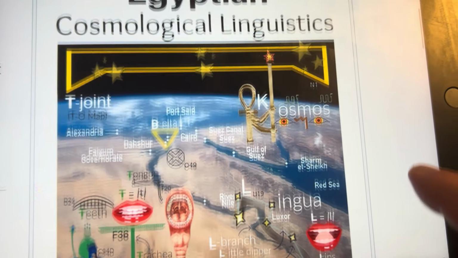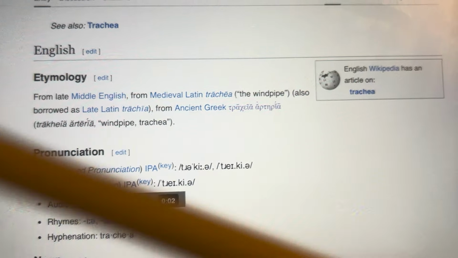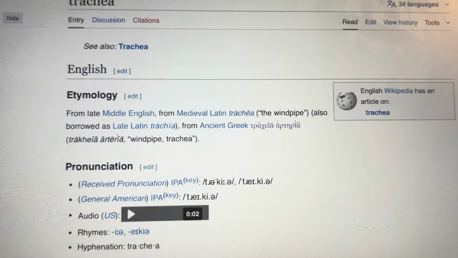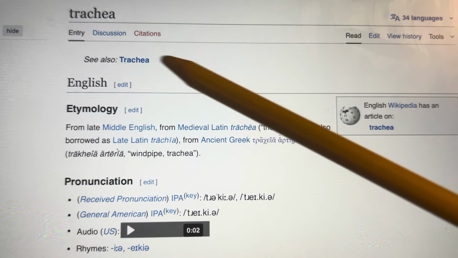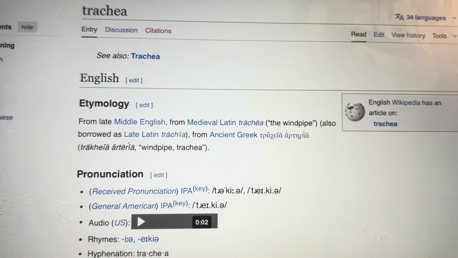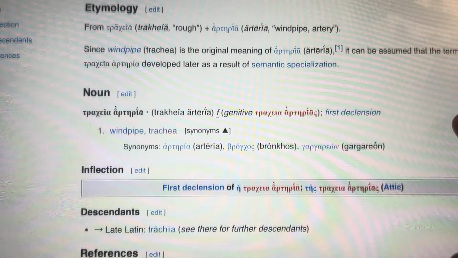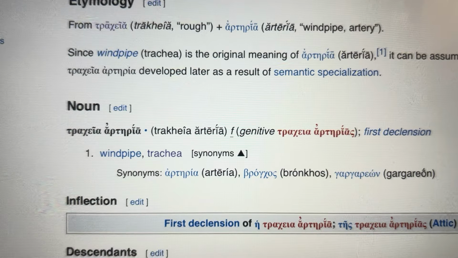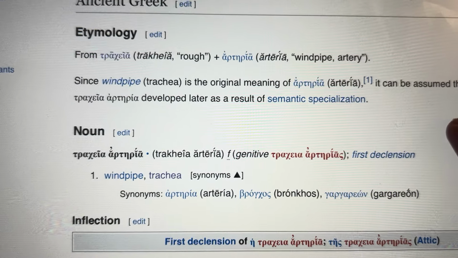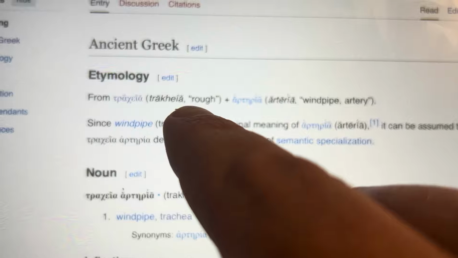However, the present model of linguistics and etymology argues that words such as trachea, which starts with letter T, comes from trachea arteria, and that the word trachea means rough.